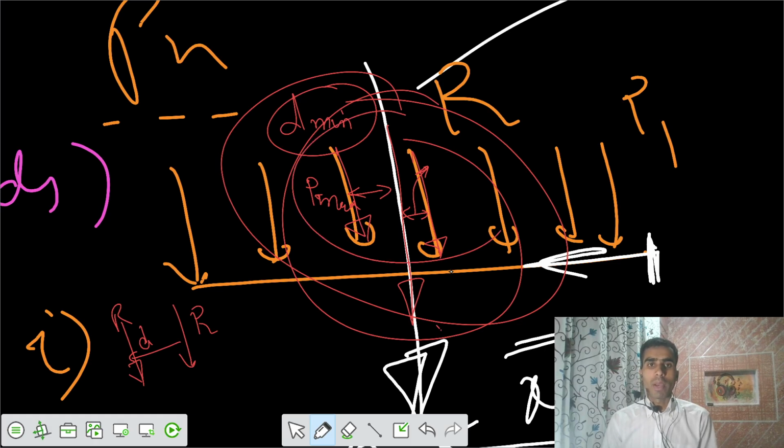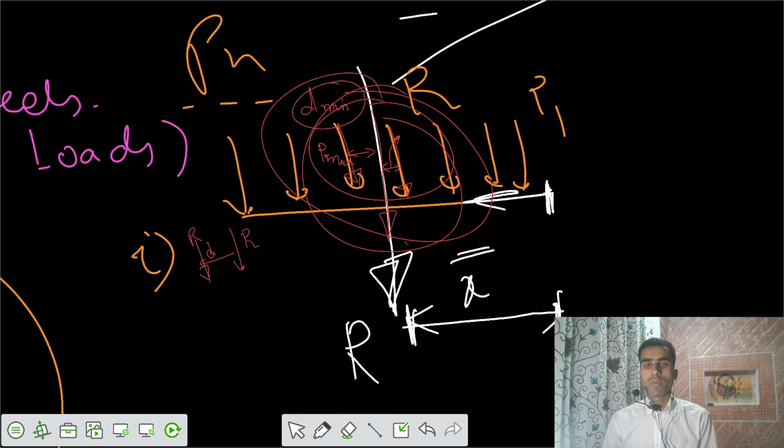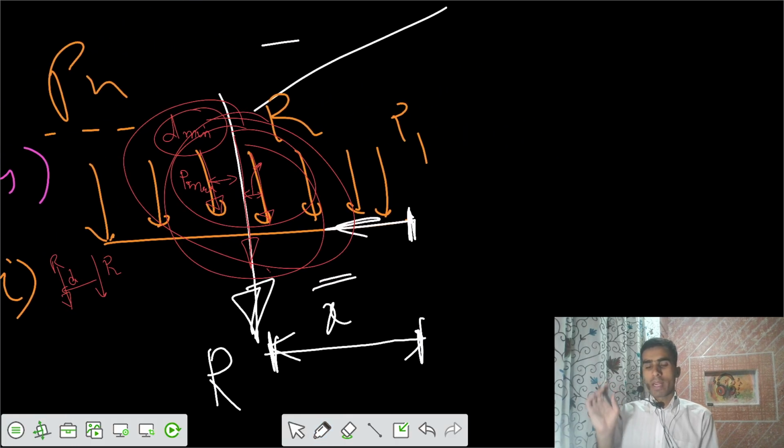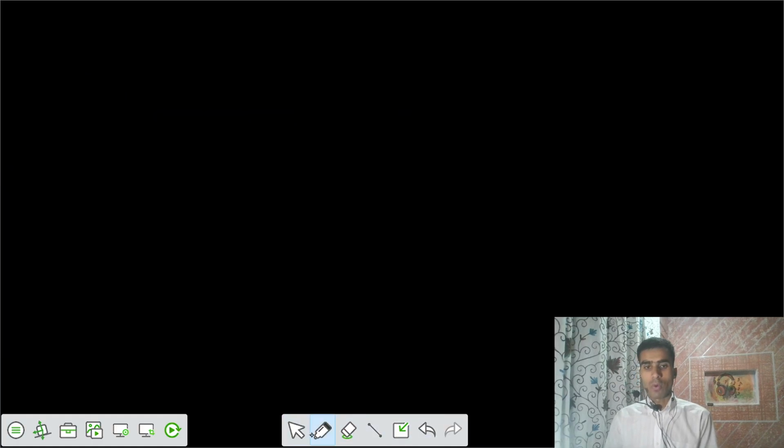After that we compare out of these two loads which one is maximum and what is the D minimum. Based on that, there's a chance that one or two trials are needed, and usually only one trial is needed. Let's go for this problem and we can understand what's going on. Let's take one of the problems. Let's say we have this problem.